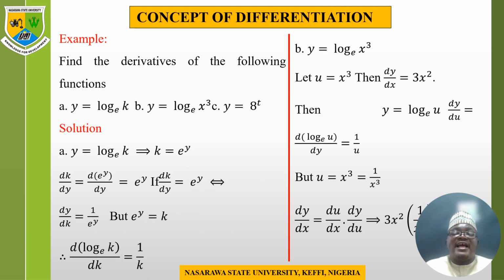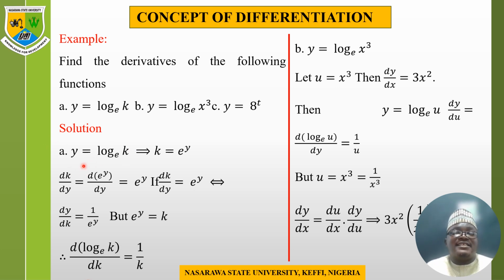Now, another example. Find the derivative of the functions: the first, y equals log e of k; the second, log e of x raised to power 3; and the third, y equals x t. Now, if you follow the same approach as we illustrated in the previous example, look at it.